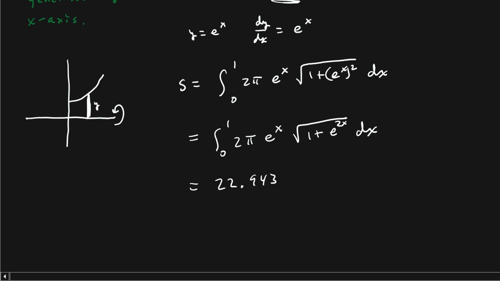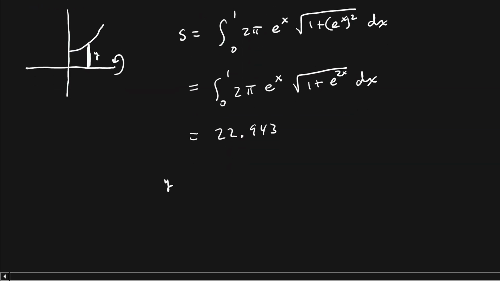Okay. So the other option, they don't tell us to set it up this way, but let's set it up. We've got y equals e to the x. Let's set it up integrating with respect to y and see what that integral looks like. Look at this, there's our graph, and there's our radius right there. So we're going to want to be in terms of y.